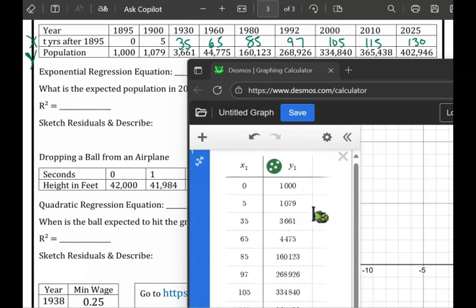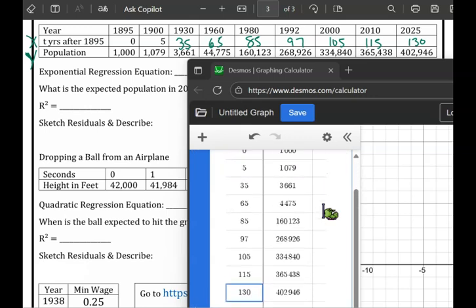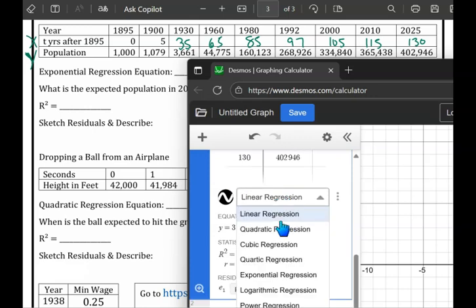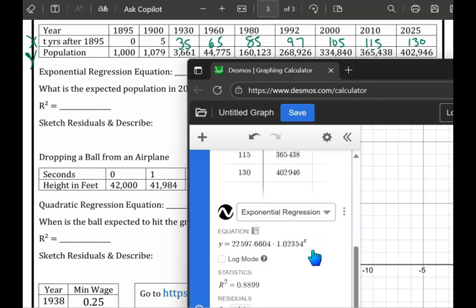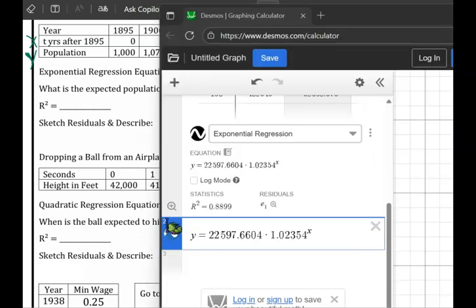Once you've entered in the values, double check that you've plugged in everything correctly. And then click on the regression icon. And now we're going to click on where it says exponential regression. So we get an equation that looks kind of like this.